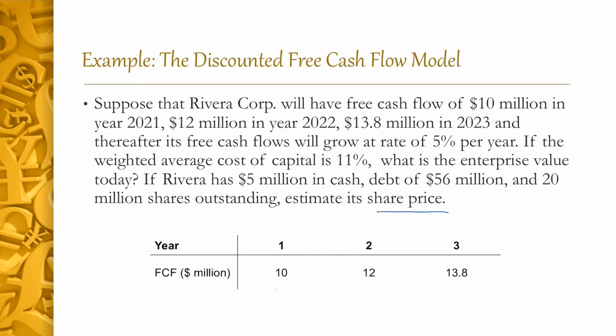In year one, $10 million, year two, $12 million, and year three, $13.8 million. And from year four onward, we need to calculate the free cash flows using the growth rate that we are given in the example.